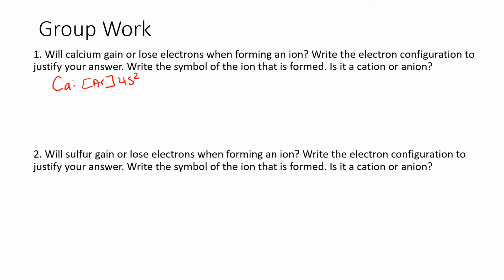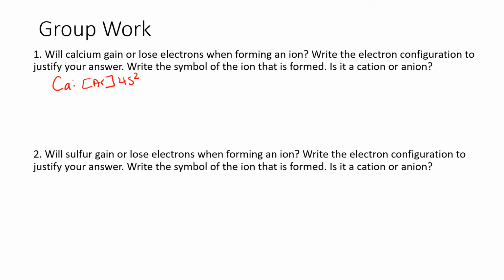Now, starting with the electron configuration for calcium, I want to know what calcium is most likely going to do to fulfill its octet rule. Elements will either lose or gain electrons to get to the nearest noble gas. The number of valence electrons here is 2.